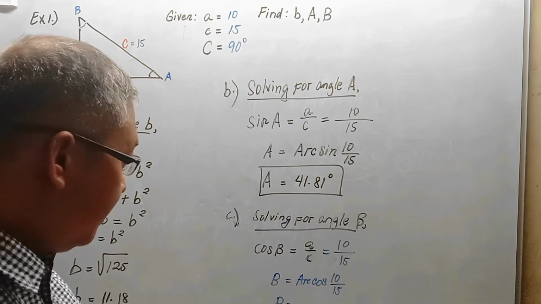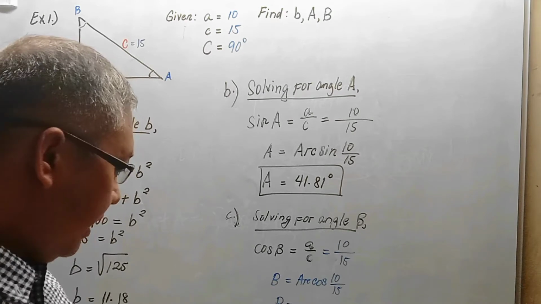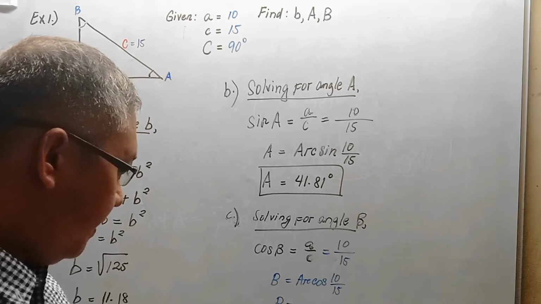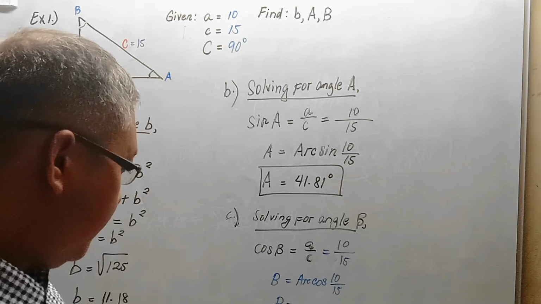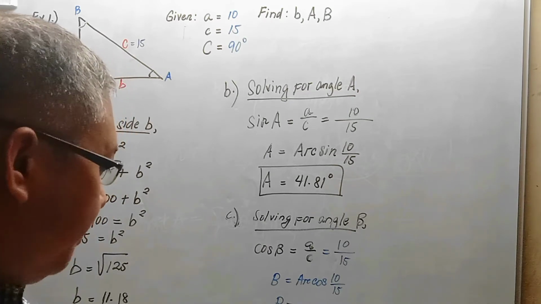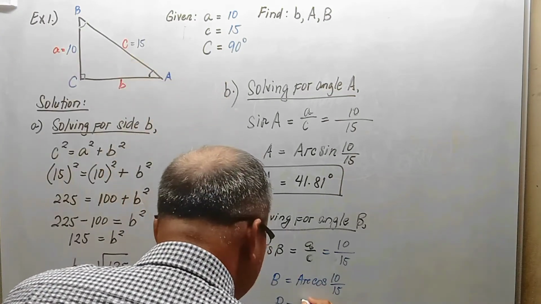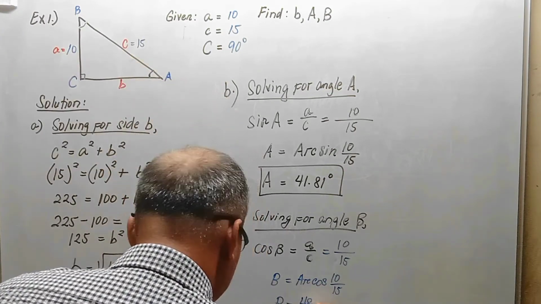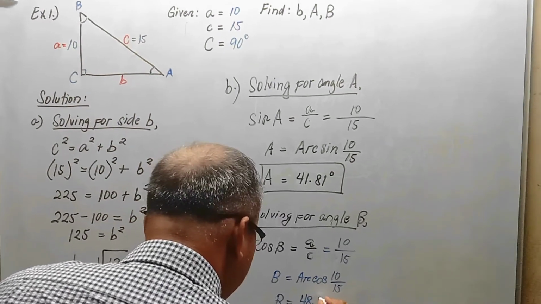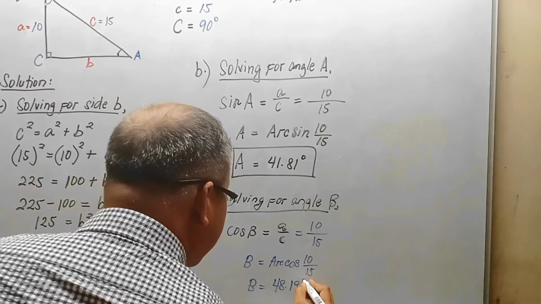Inverse cosine or arc cosine of 10 divided by 15 is equal to 48.19 degrees.